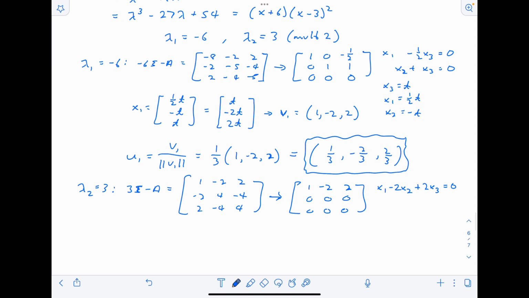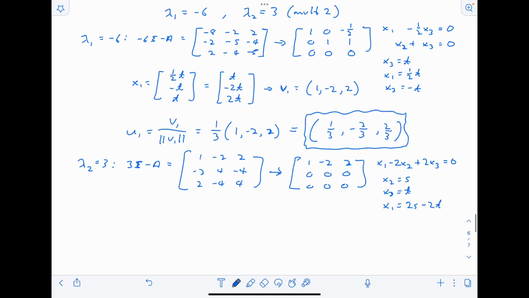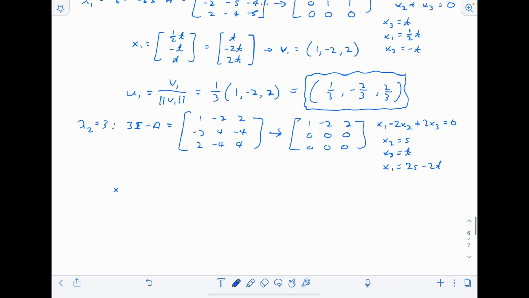So I'm going to let x2 be s and x3 be t, which means that x1 would have to be 2s minus 2t.